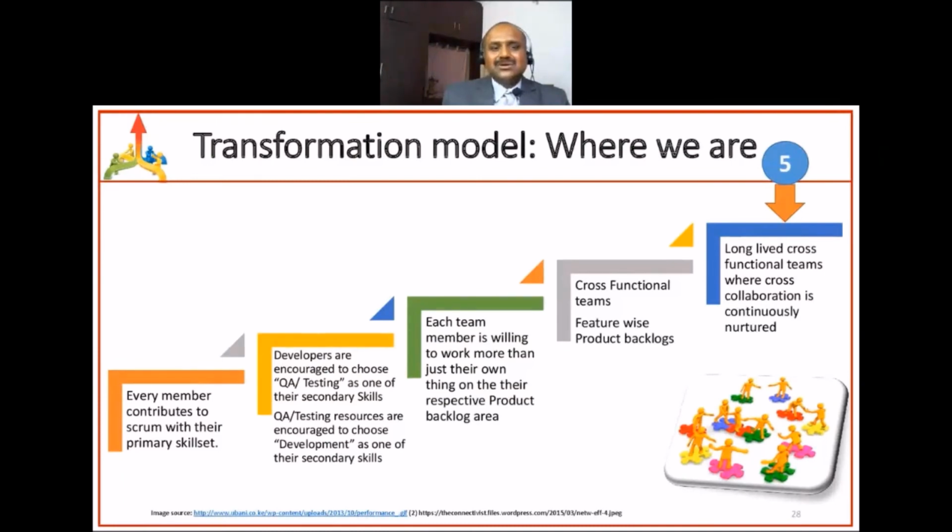Otherwise, that's not a goal. It will be just an advertisement. So every 3 to 6 months, we should be showing results in terms of picking up secondary skills. For that to happen, the mentor-mentee session should happen maybe twice a week or once a week. So any questions you have, you can type them here.